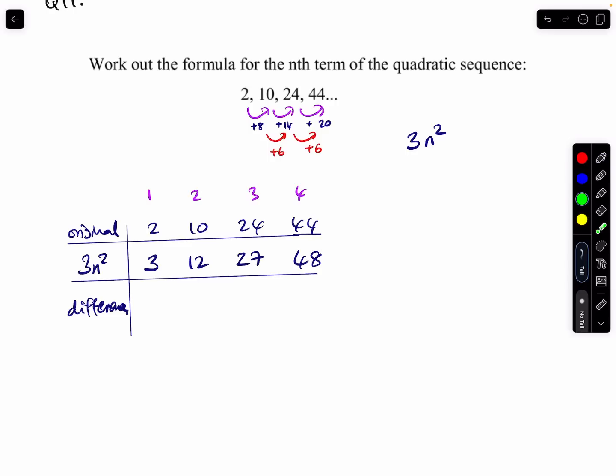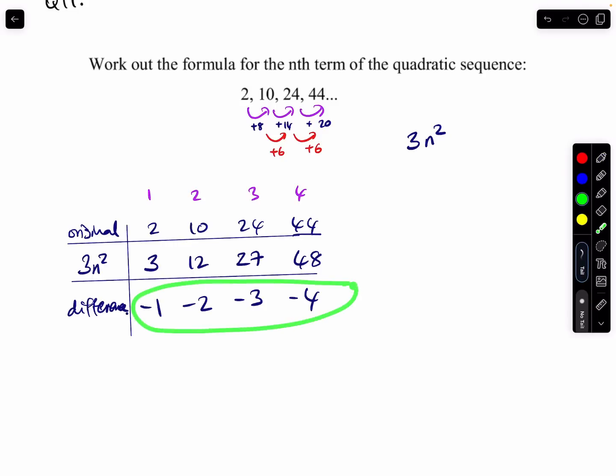Now we're going to find the difference between these terms. So 2 take away 3 is minus 1. 10 take away 12 is minus 2. 24 take away 27 is minus 3. 44 take away 48 is minus 4.